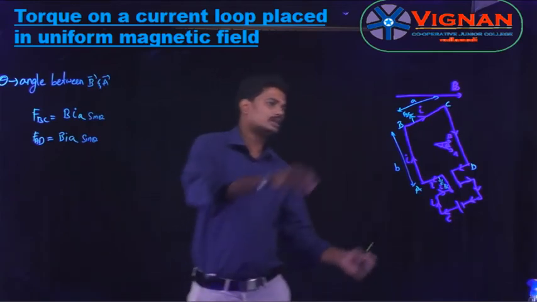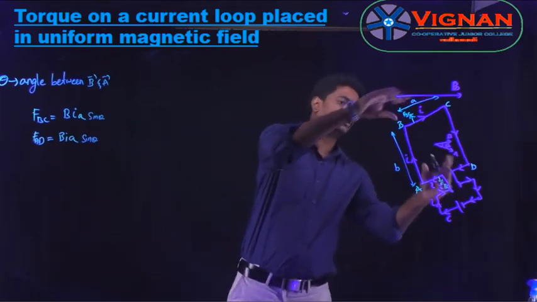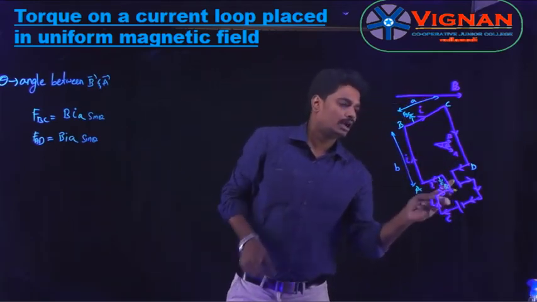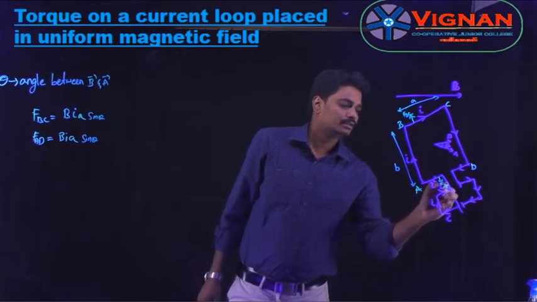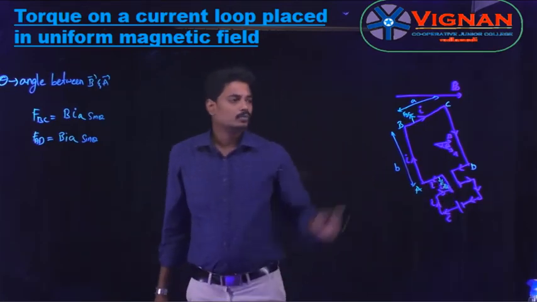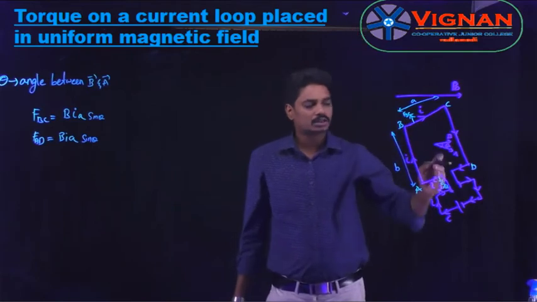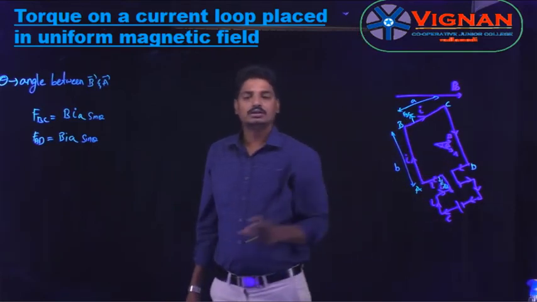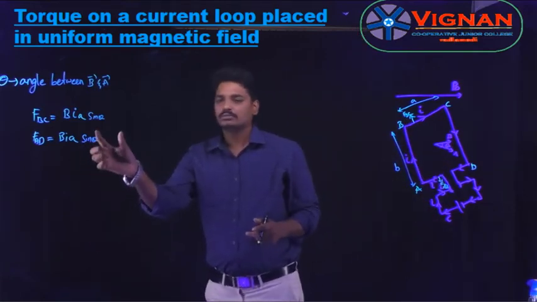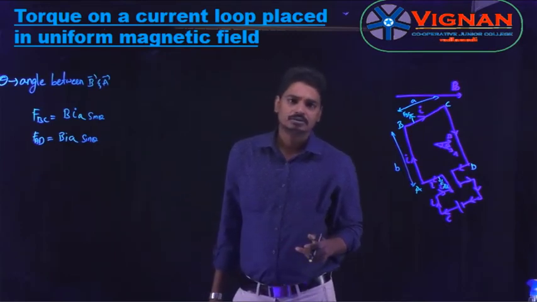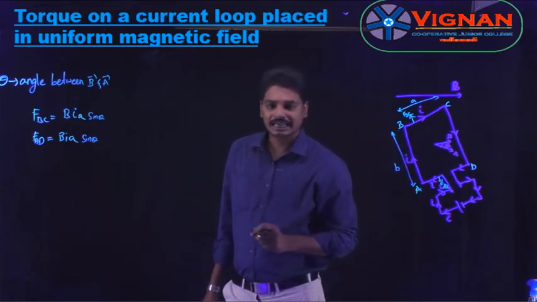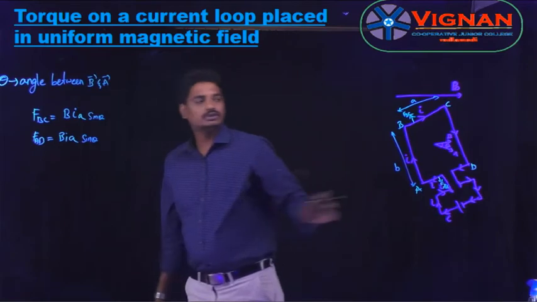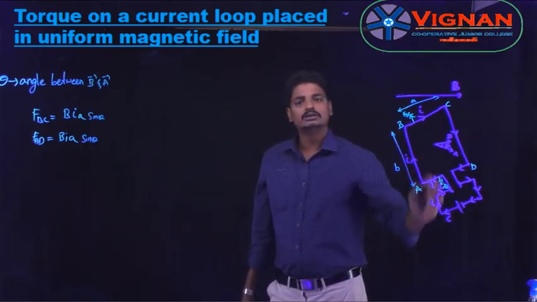So you can see on this rectangular loop, FBC and FAD are both collinear forces in opposite directions. One of the forces is upwards, another is downwards, and they have equal magnitudes. So both the forces cancel each other, and the net force along this direction will be 0.